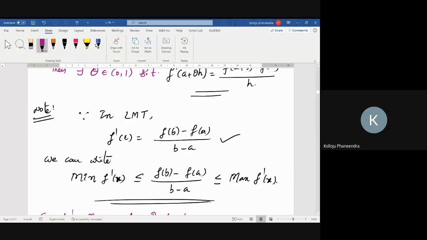If f of A equal to f of B, then f dash C equals 0. That is, LMT tends to Rolle's theorem when f of A equals f of B. Okay, this is one observation in LMT.